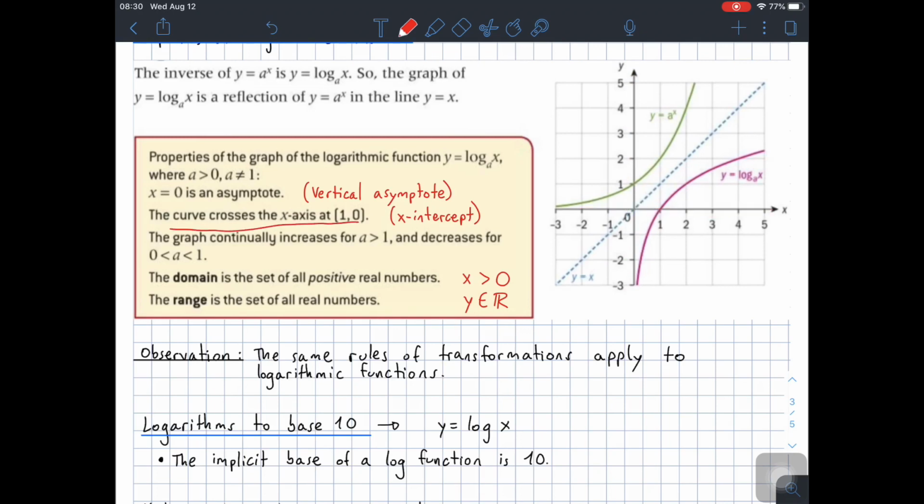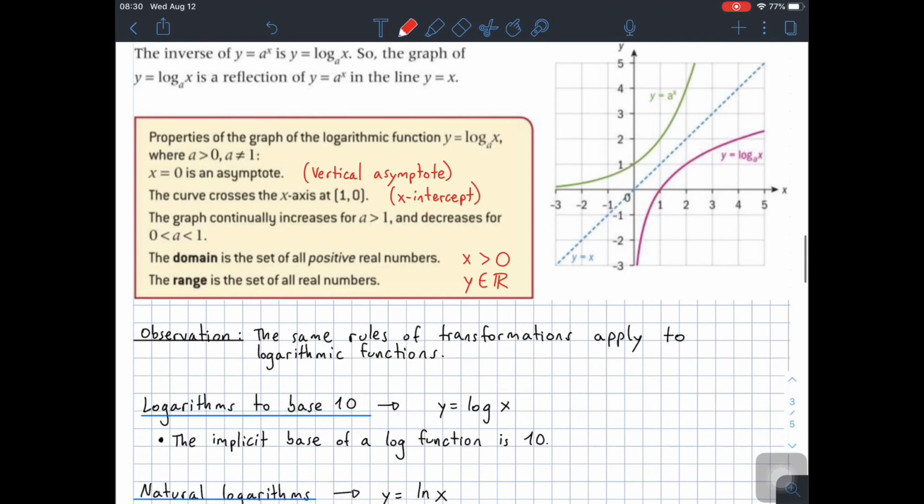And then the logarithmic function has an x-intercept at (1, 0), while the exponential function had a y-intercept at (0, 1), okay? So try to always compare it with the exponential function. Then it says the graph continually increases for a greater than 1 and decreases for a value between 0 and 1.